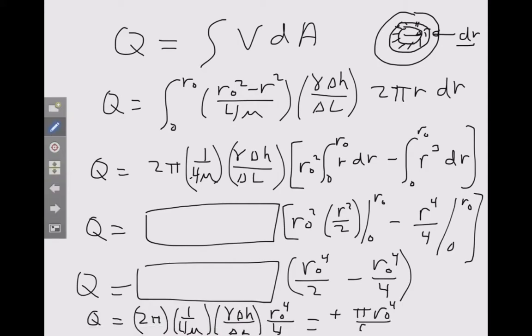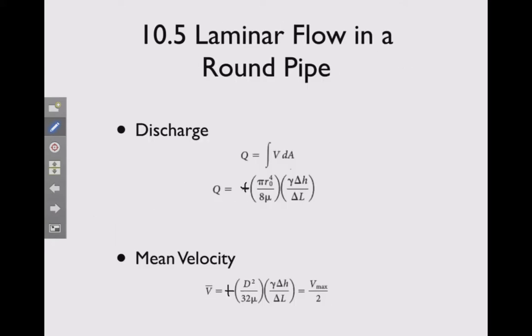That is going to be an 8 mu, times gamma delta H delta L. Okay, if we go down here and we compare that, this is the same equation that I just derived. So we're looking quite good.